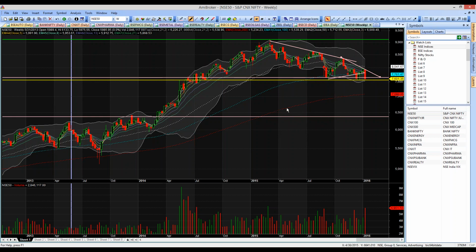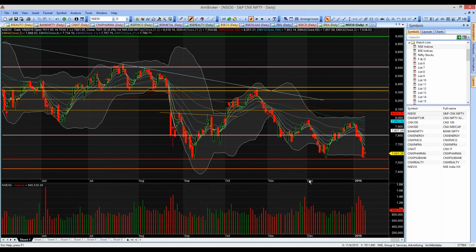The red is the 200-day moving average, then we have the 100-day moving average in cyan, and in white is the 50-day moving average. You've also got the 21-period Bollinger Band.